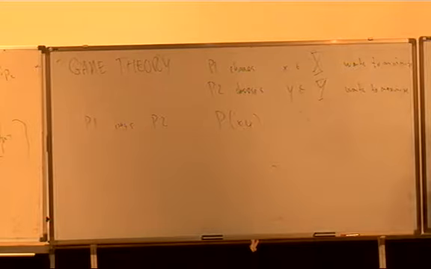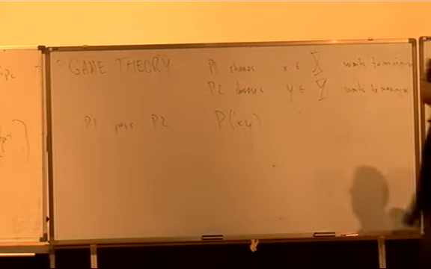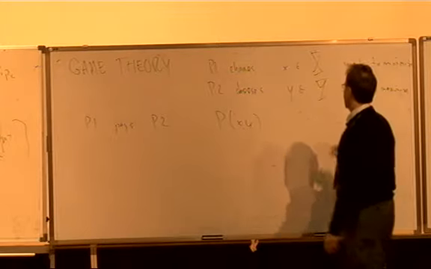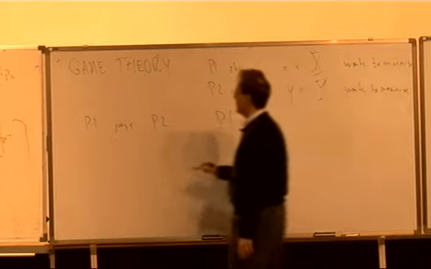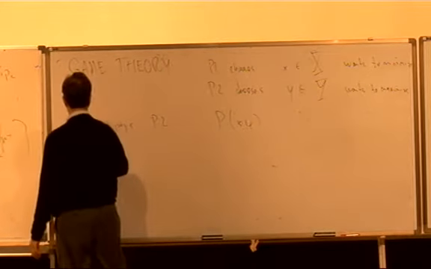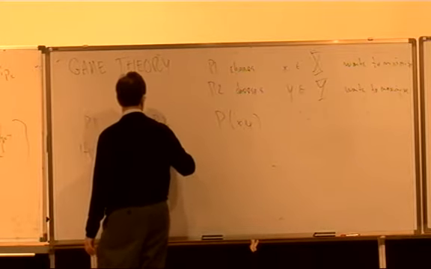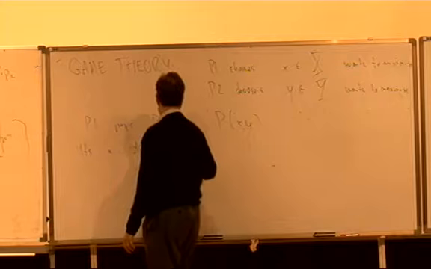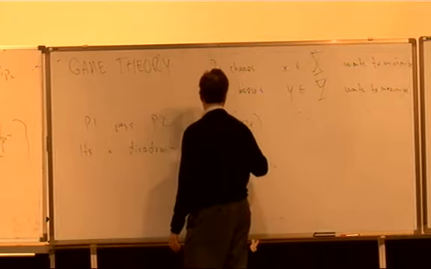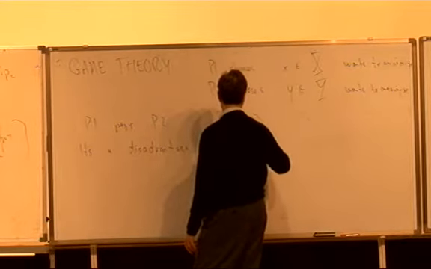And naturally, it's an advantage in this game if you know what strategy the other guy is going to choose, because then you can adapt your response. And so it's a disadvantage to be forced to declare your strategy before the other guy has chosen.